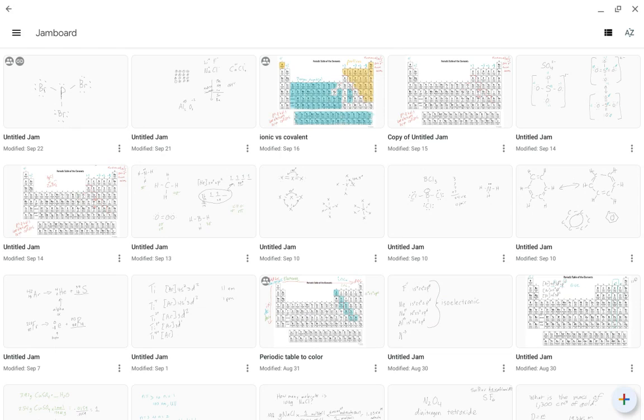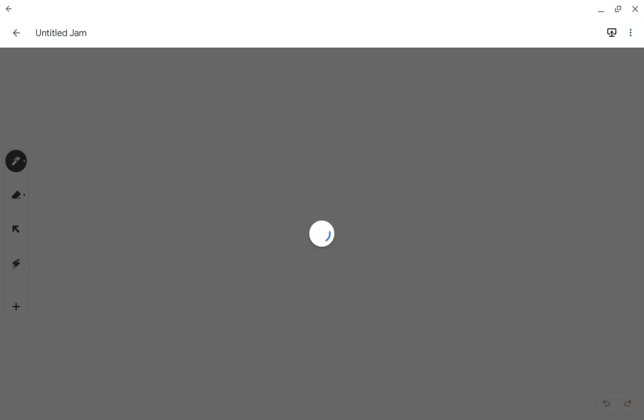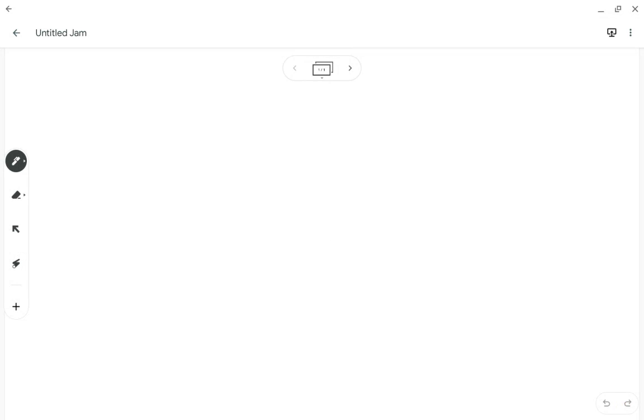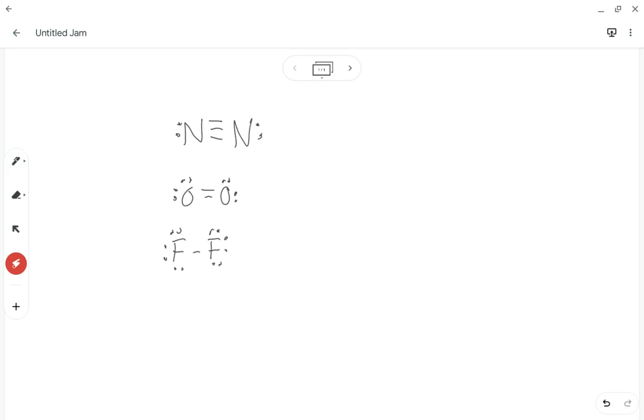So, for instance, consider the nitrogen molecule N2, which is nitrogen triple bonded to another nitrogen, compared to the O2 molecule, which has a double bond, or the fluorine F2 molecule, where it's just a single bond. The triple bonds are the strongest, the single bonds are the weakest. Triple bonds are also shorter, single bonds are longer.